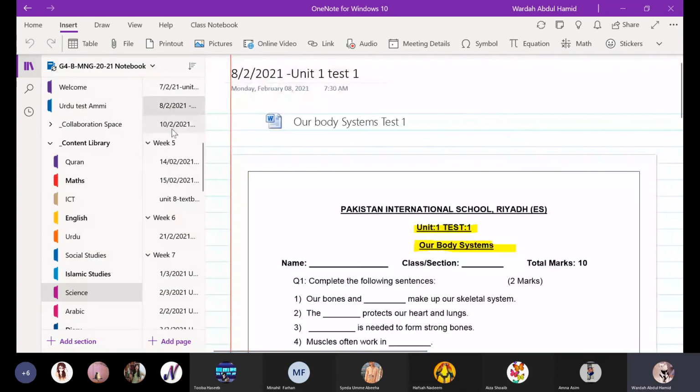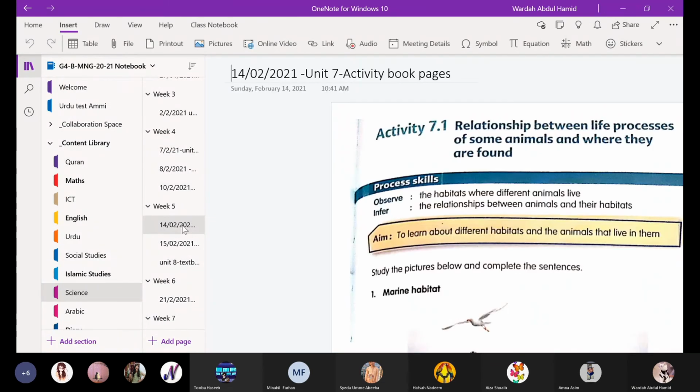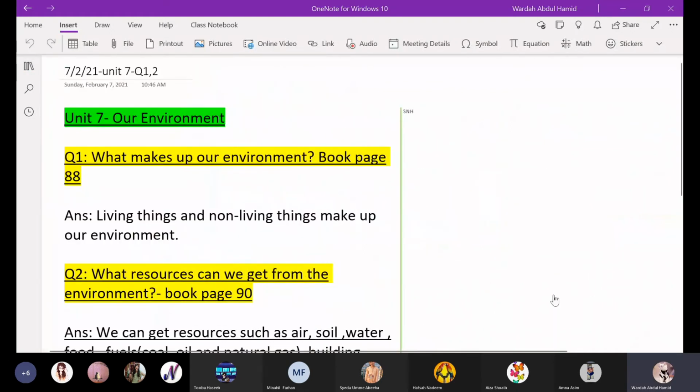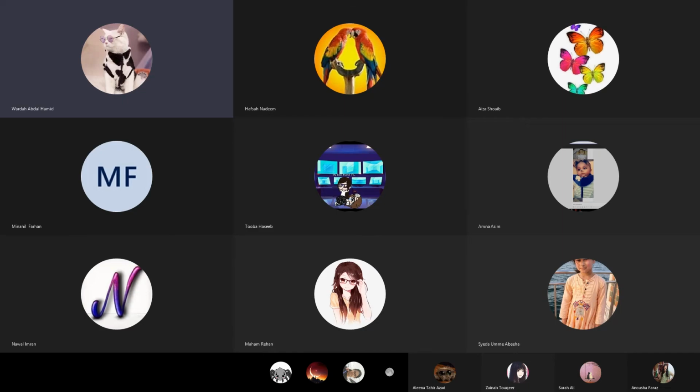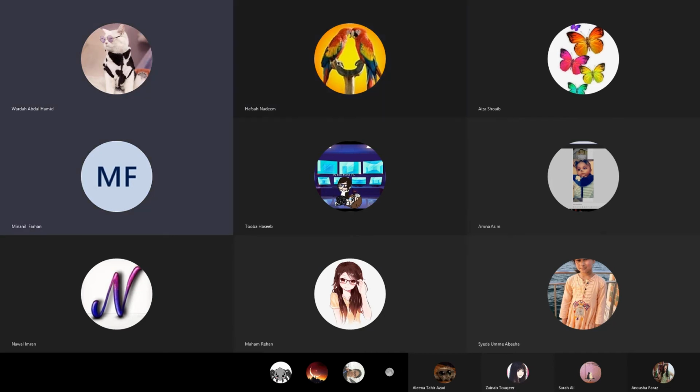Let's see if we have the self-check page. I don't have it over here on the screen. If anybody has it, please raise your hand. I think you all have it, so I will pick anyone. Minahil Farhan, please read the self check for us, all of the fill in the blanks, okay?